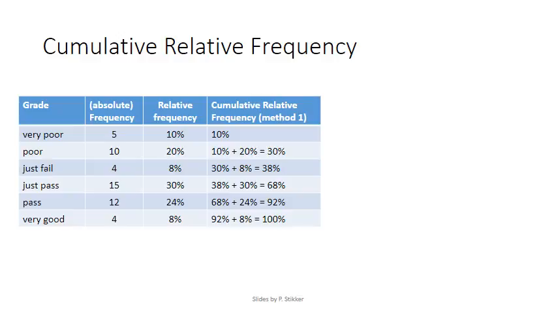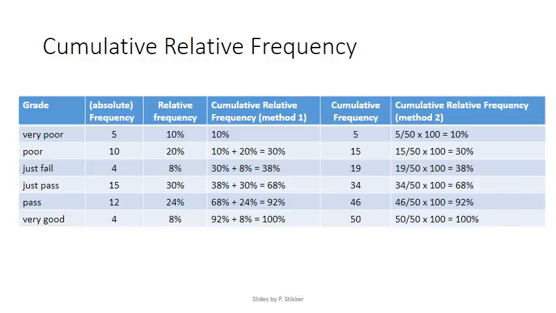It's therefore preferred to calculate the cumulative relative frequency by using the cumulative frequency itself and then dividing those by the total number of cases, in this case 50. The results in this case are the same because there was no rounding done at the relative frequency, but in general it's preferred to use the cumulative frequency and divide that by the total to get the cumulative relative frequency.